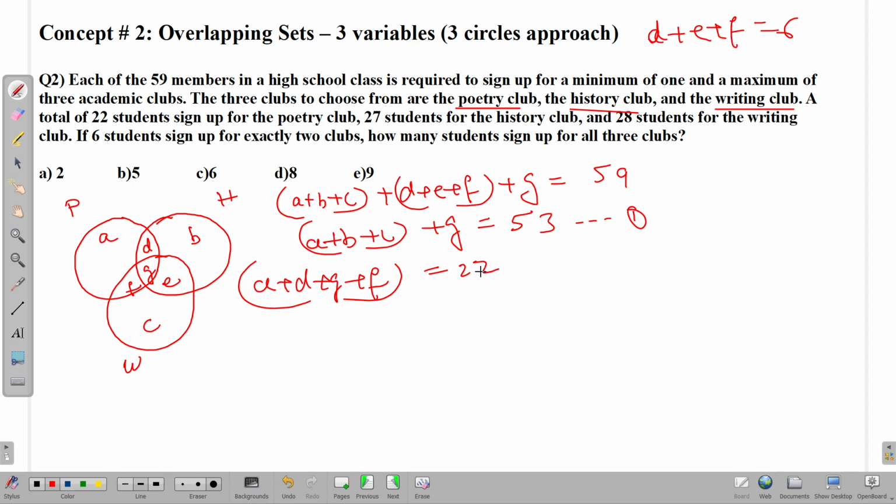So we can say B plus E plus G plus D is equal to 27. And then what do we have? We have C plus F plus G plus E is equal to 28.